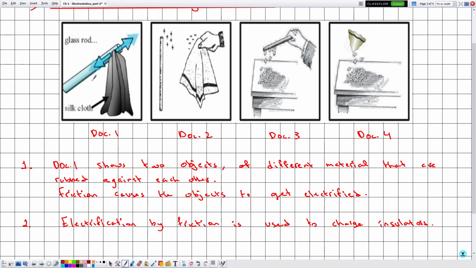This method is only used to charge insulators, since electrons hardly move through an insulator.